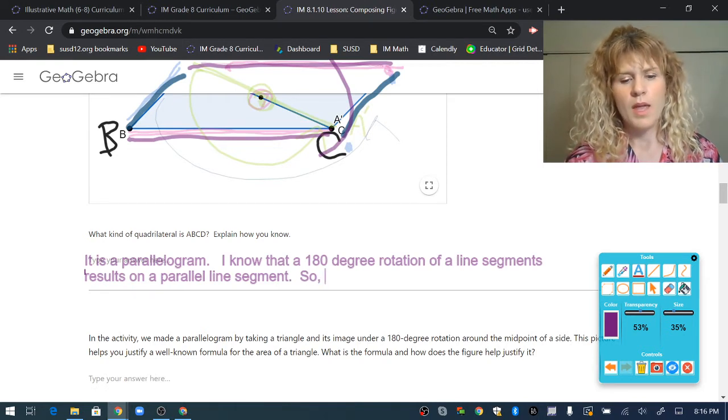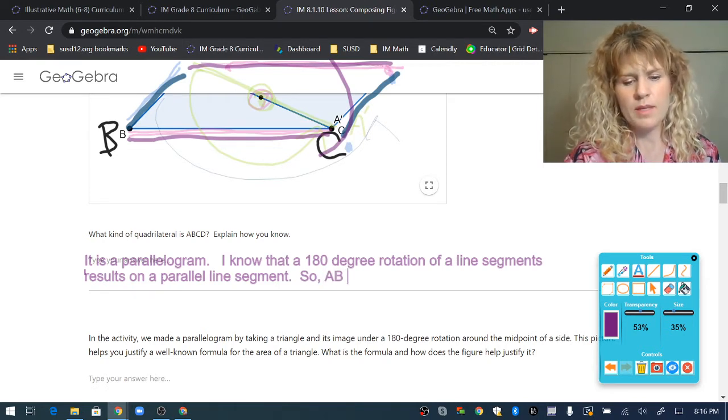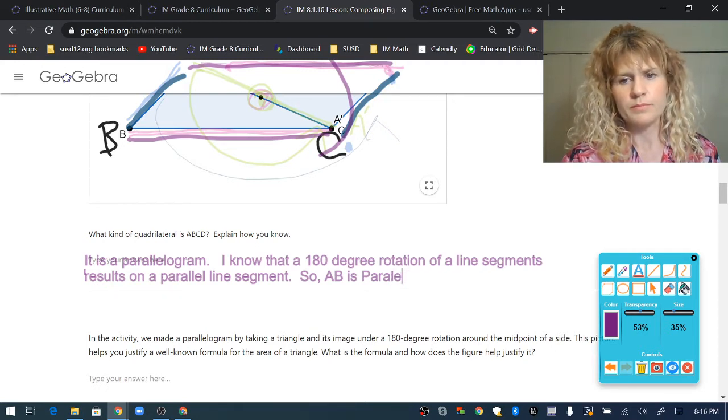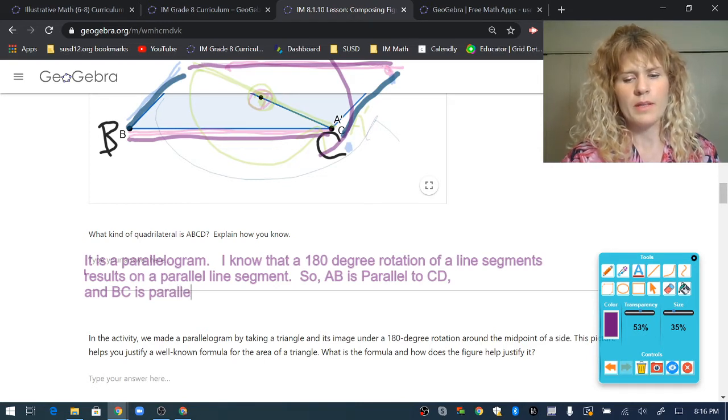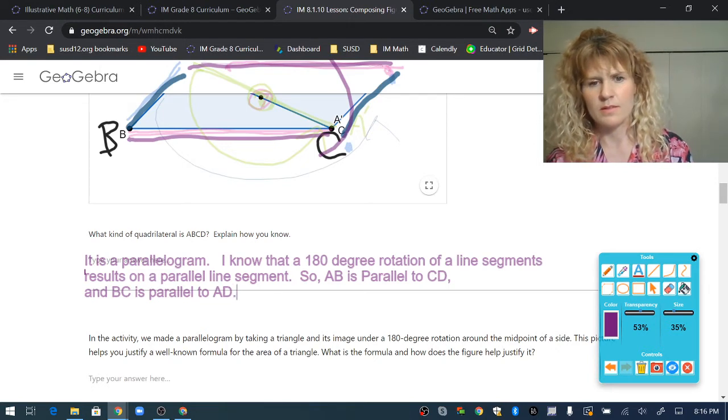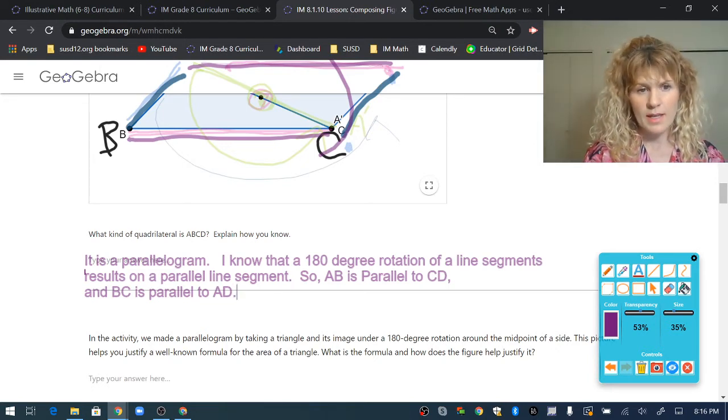So, AB is parallel to CD, and BC is parallel to AD. Let me say it again.